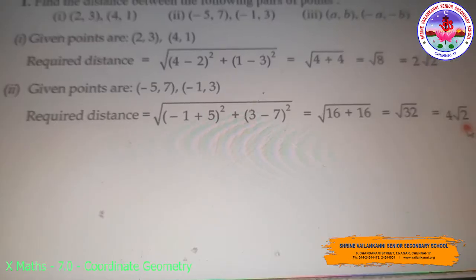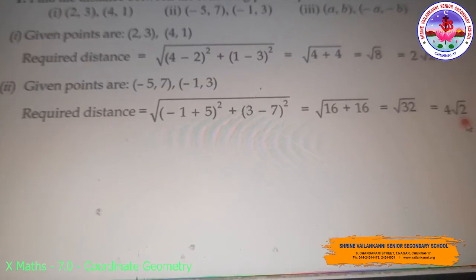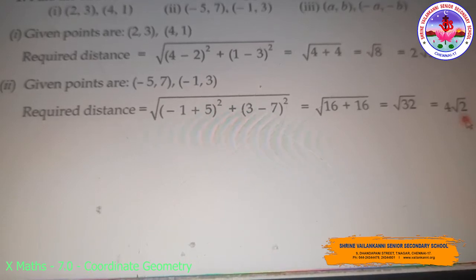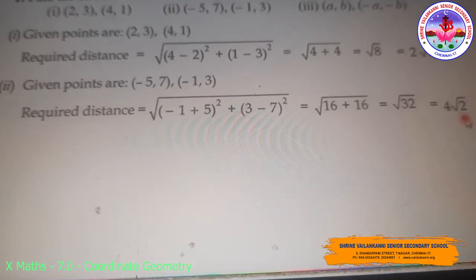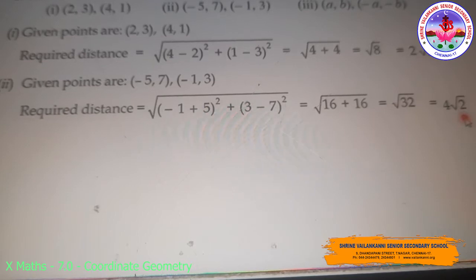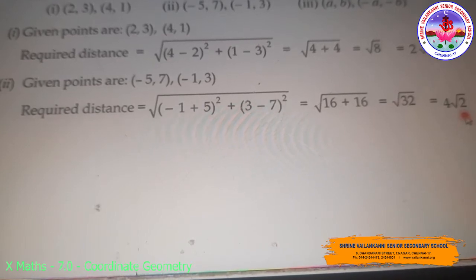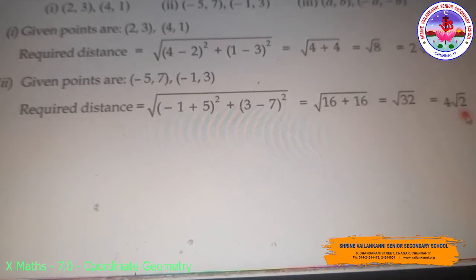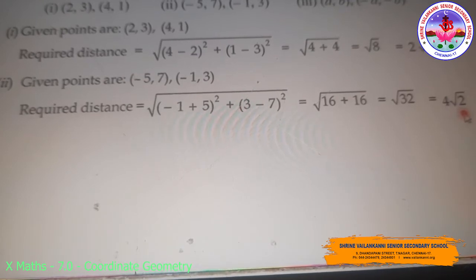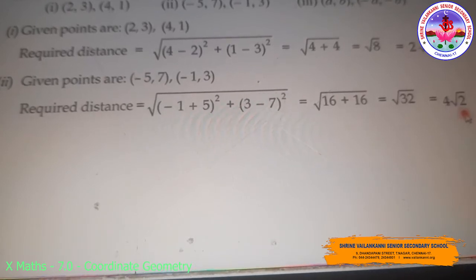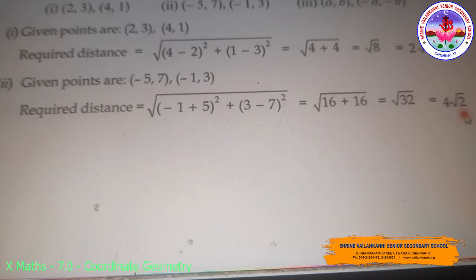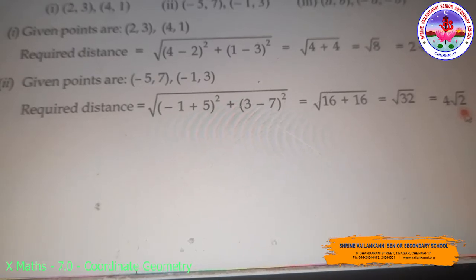Second subdivision, the given points are minus 5, 7 and minus 1, 3. Therefore the required distance is equal to the square root of x2 minus x1 the whole squared plus y2 minus y1 the whole squared, which is equal to the square root of minus 1 minus of minus 5.